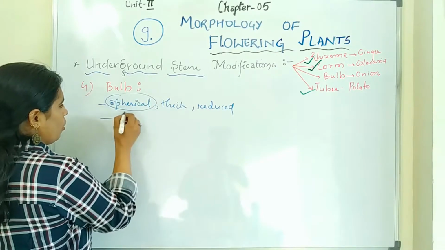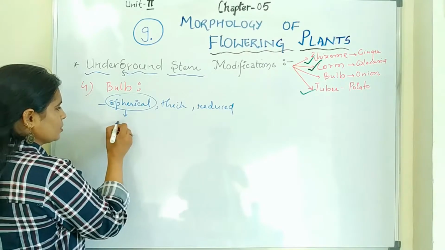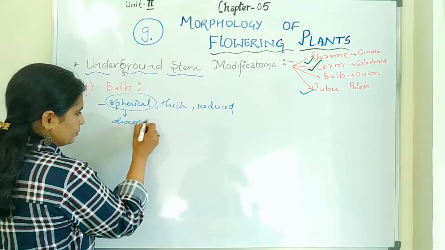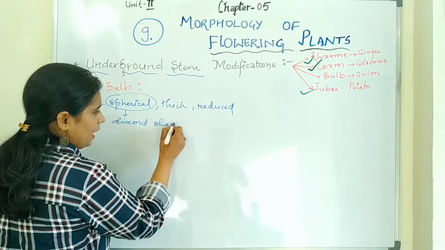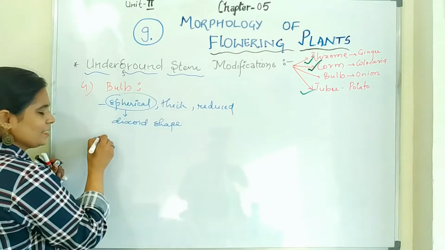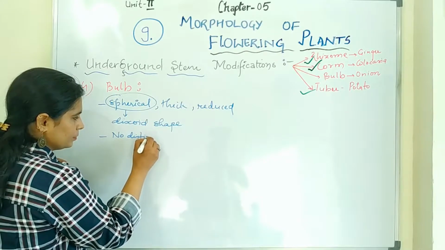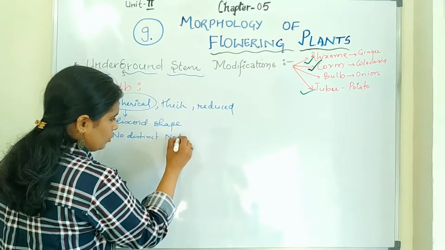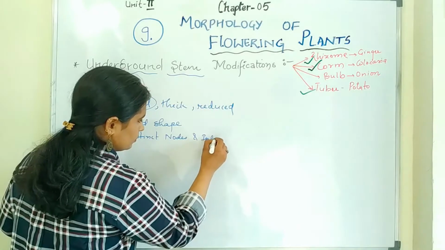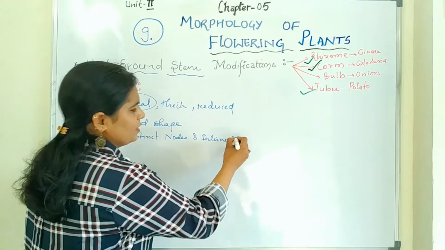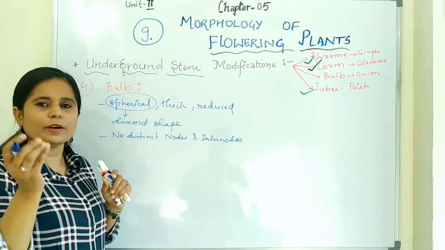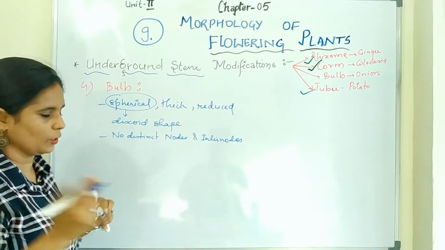We can also call it discoid shape, disc-like shape. As it is reduced, there are no distinct nodes and internodes. It is very small, so you cannot differentiate between nodes and internodes.